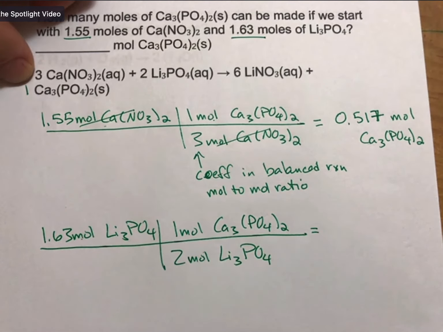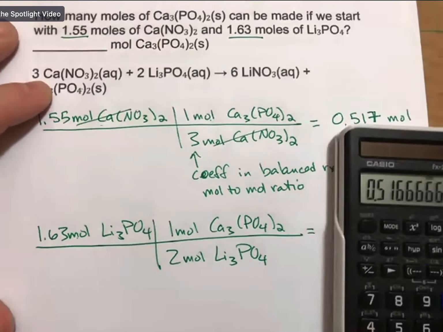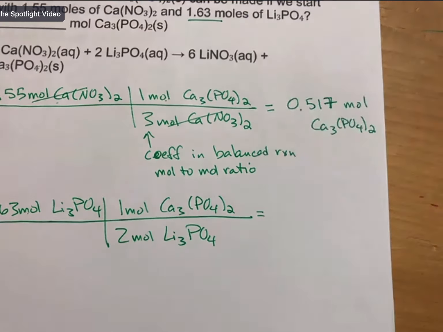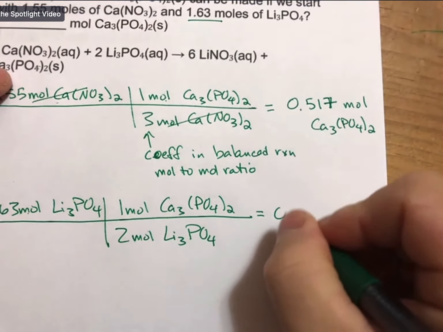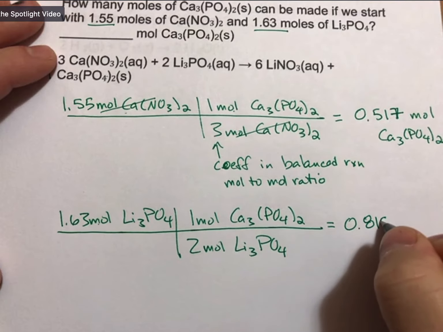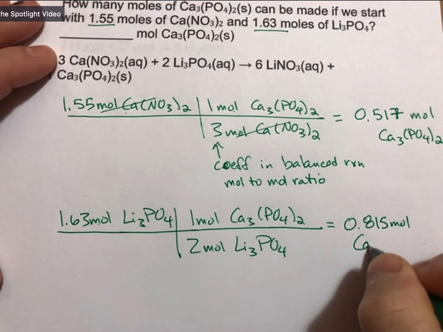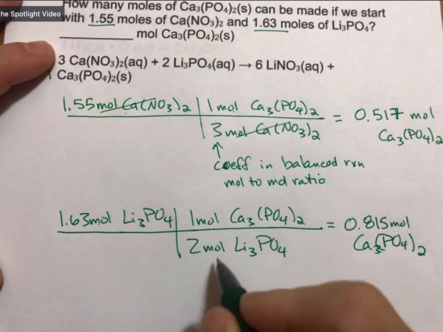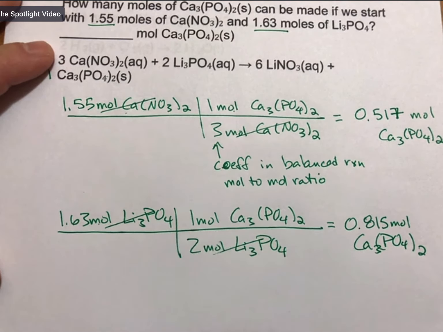When I do this math, 1.63 divided by 2, I get 0.815 moles of calcium phosphate, because that's what we're making here, and that's how our units cancel out.